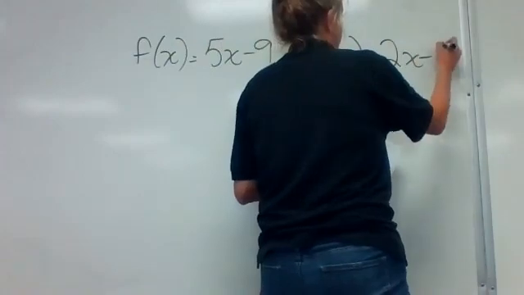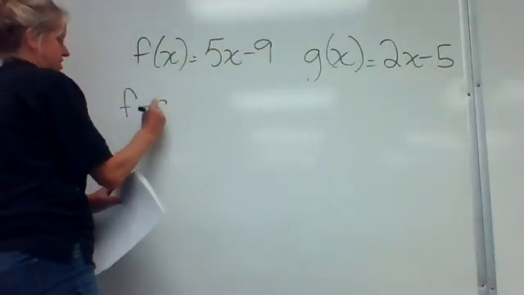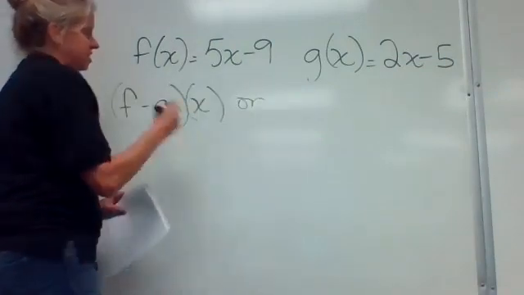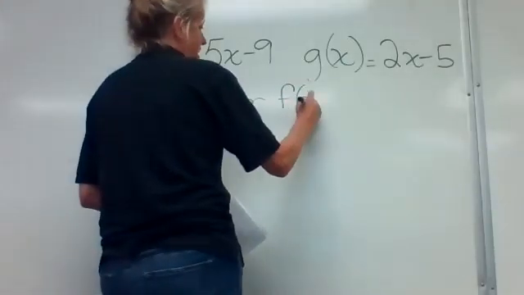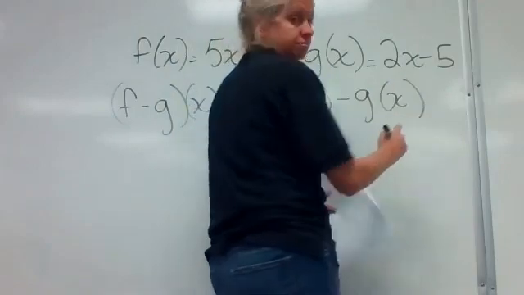It wants me to find f minus g of x. Or again, like I like to see it, that really is the same thing as finding f of x minus g of x.